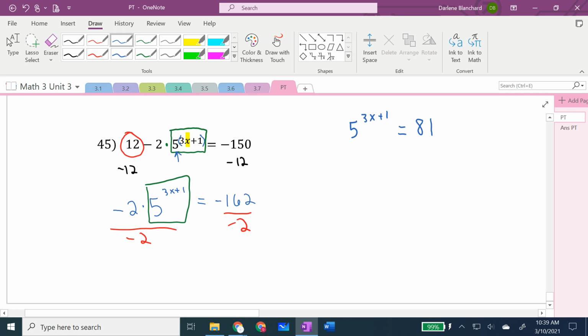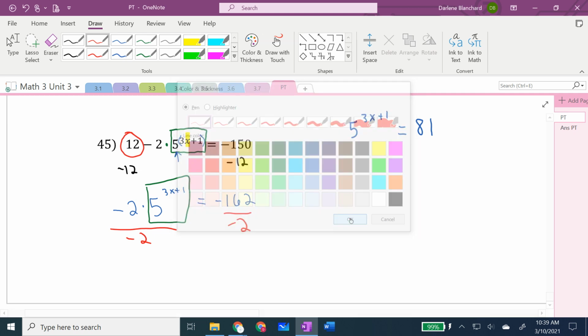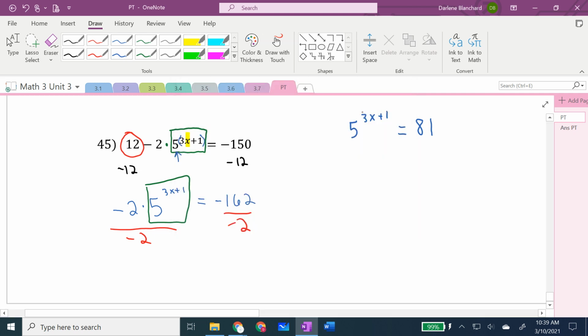So now what is very important is that you understand that there is a parentheses around that exponent. To get into that parentheses, I have to deal with what's outside of it first, and it's 5 to the power of something.